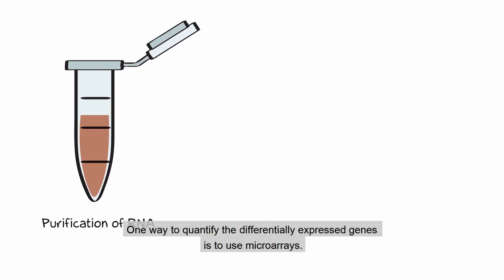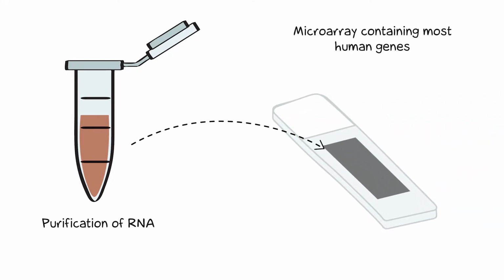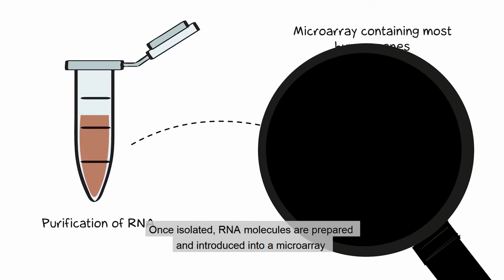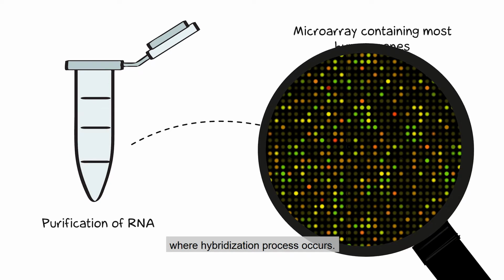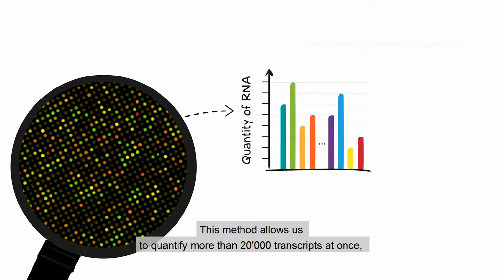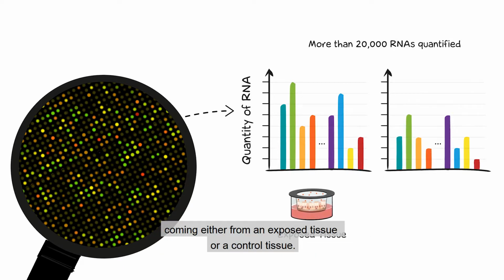One way to quantify the differentially expressed genes is to use microarrays. Once isolated, RNA molecules are prepared and introduced into a microarray where the hybridization process occurs. This method allows us to quantify more than 20,000 transcripts at once, coming either from an exposed tissue or a control tissue.